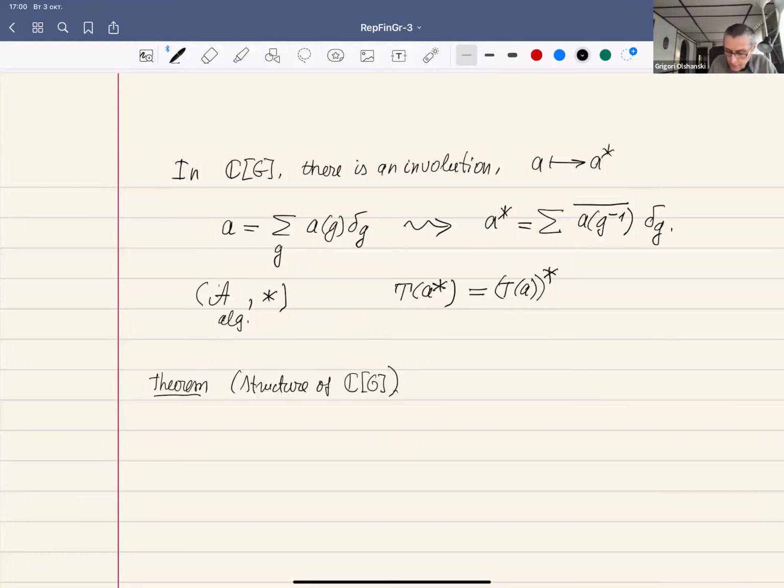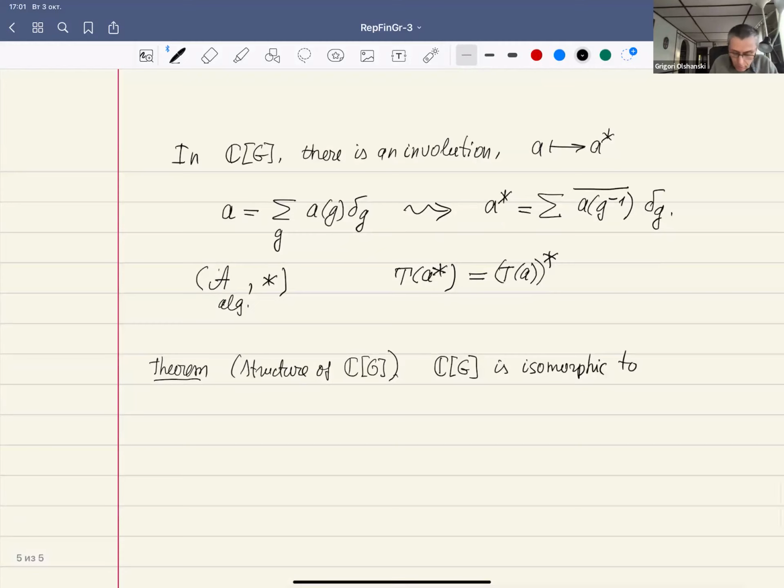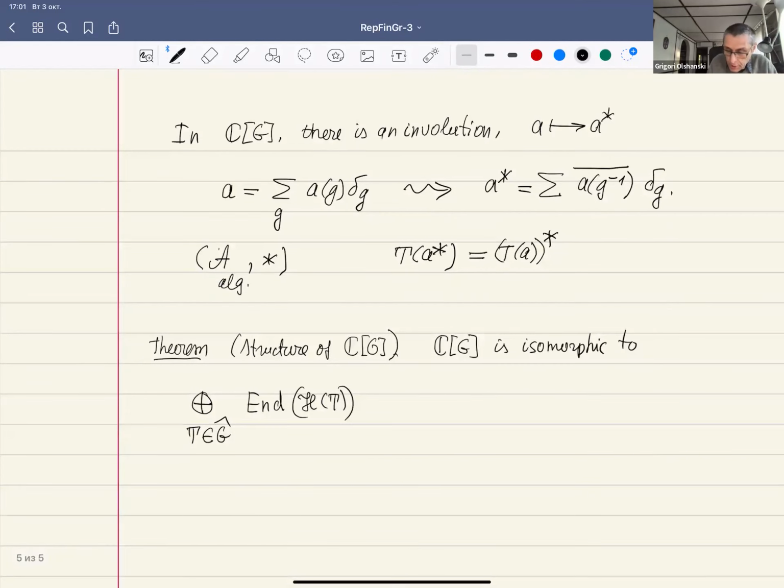More precisely, this algebra is isomorphic to the direct sum over the irreducibles of the matrix or operator algebra if you want, but here this is simply the algebra of operators on a finite dimensional space, taken for each irreducible representation.